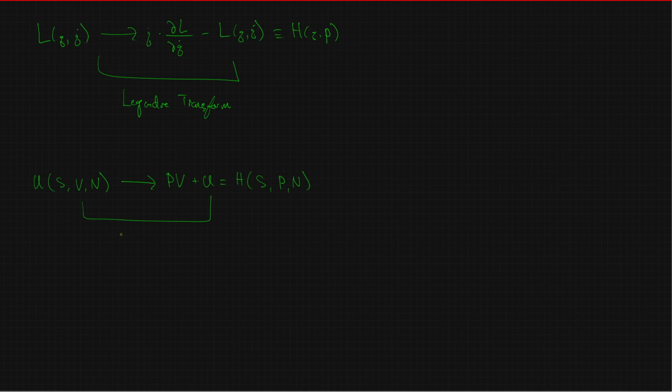So this is just another way of implementing this thing called a Legendre transform. I just want you to put what we're doing right now into the context of what you've possibly seen before in classical mechanics. Yeah, you can do similarly for F and G.